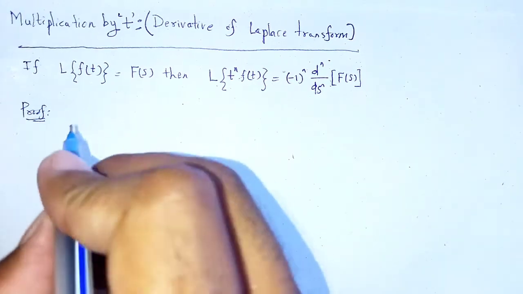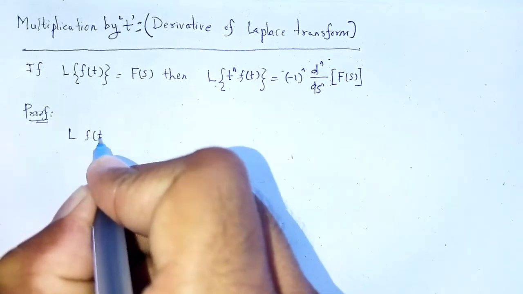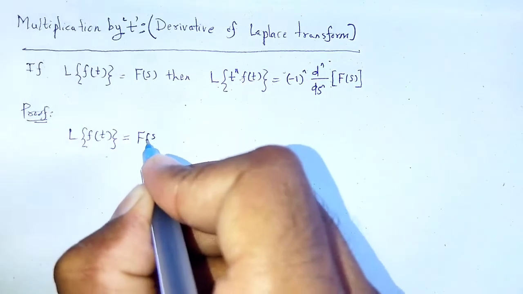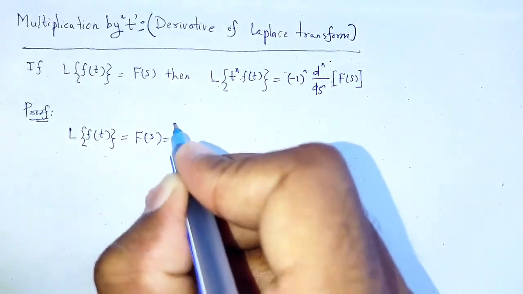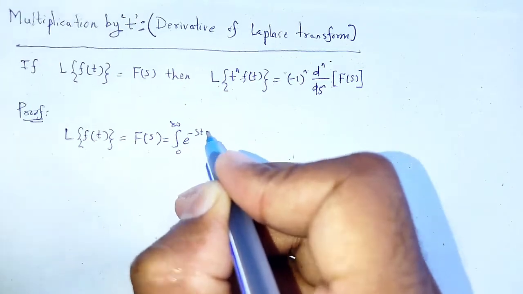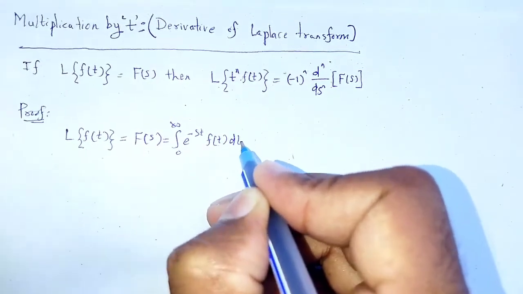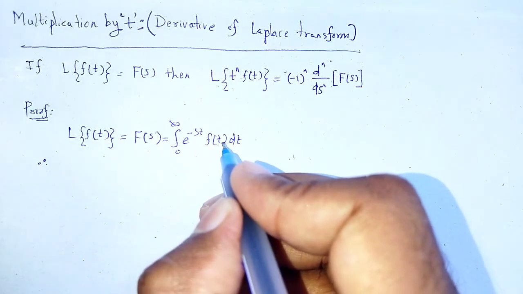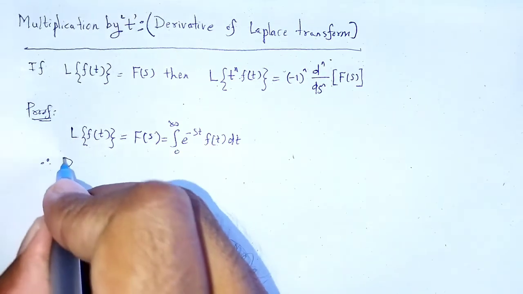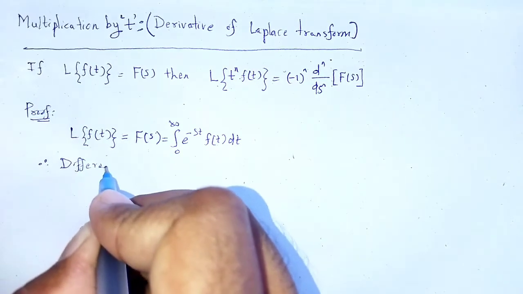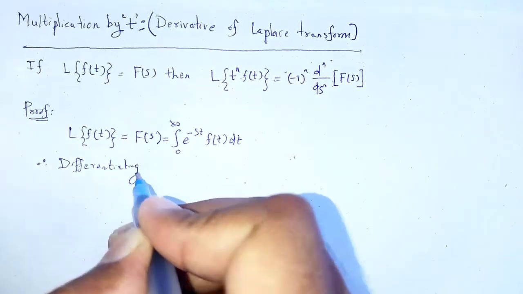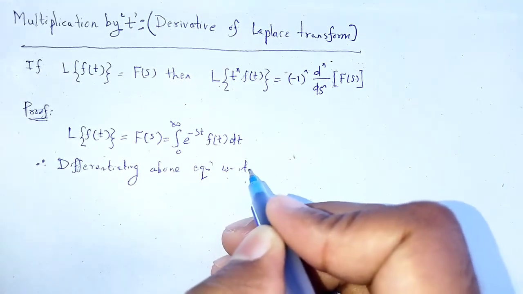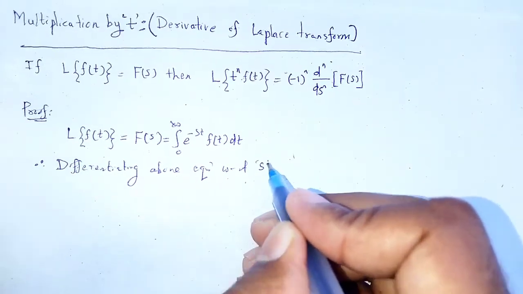That can be proved. The Laplace transform of f(t) is equal to F(s) from the definition, that is the integral from 0 to infinity of e to the power minus st f(t) dt. Let me differentiate the above equation with respect to s.